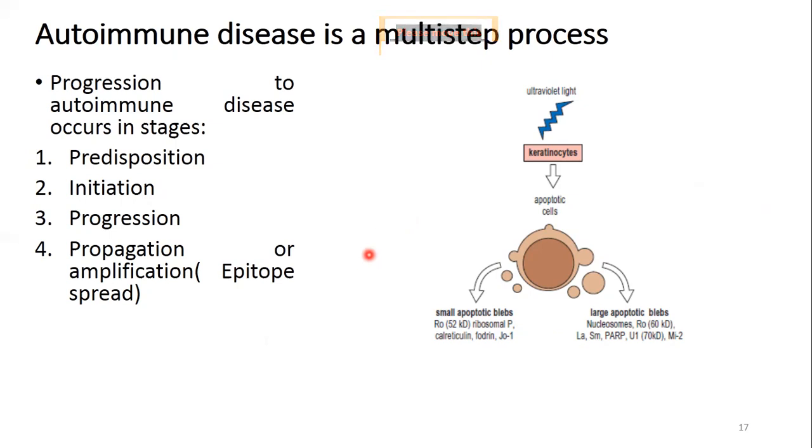For example, we have some conventional antigens for which antibodies are produced, but in later stages, the antibodies can recognize some kinds of epitopes which were previously hidden.